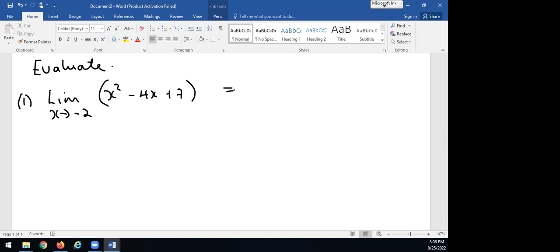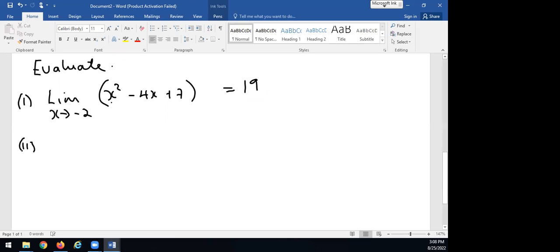What's the result? 19. So -2 squared is 4. -4 times -2 is +8. So add those, 4 plus 8 is 12, and then plus 7, 19.